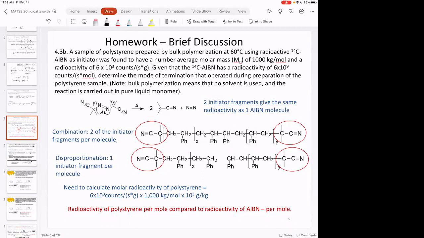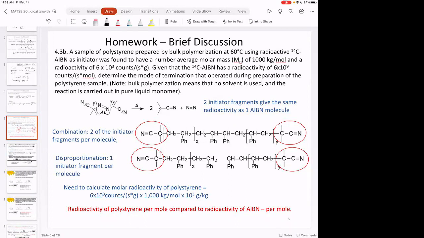Because in one instance, the molar radioactivity of polystyrene in combination is going to be the exact same as the molar radioactivity of AIBN, because it's 2 N groups on each polymer chain, which is basically a polymer chain plus a mole of AIBN because the AIBN splits, right? So in termination by combination, the molar radioactivity will be the same for AIBN as polystyrene. For disproportionation, the molar radioactivity of polystyrene will be half that of AIBN, because there's only 1 AIBN group on every chain.